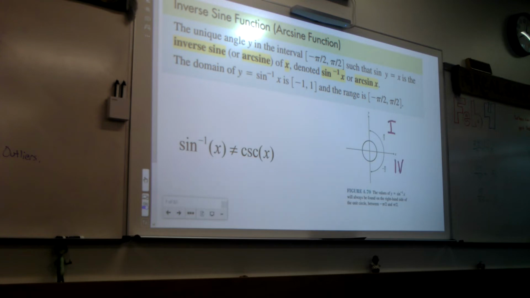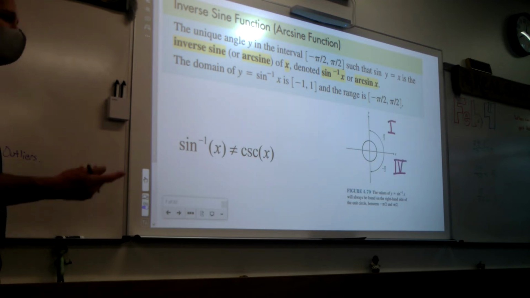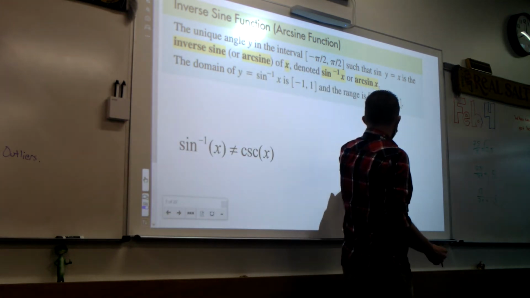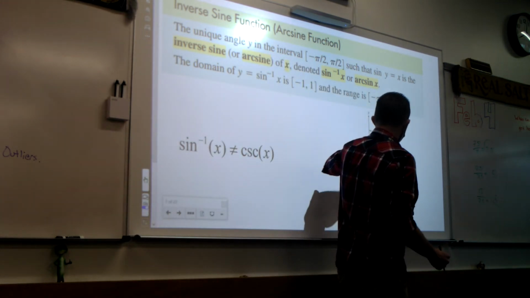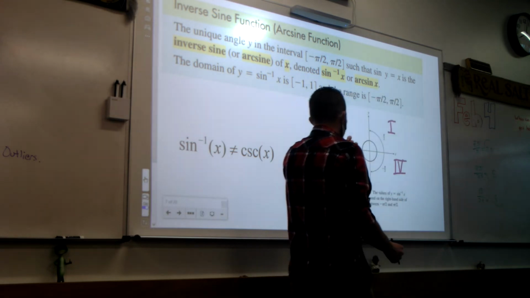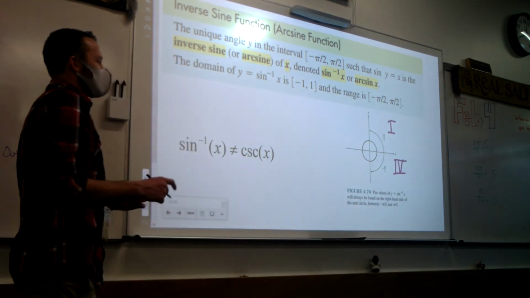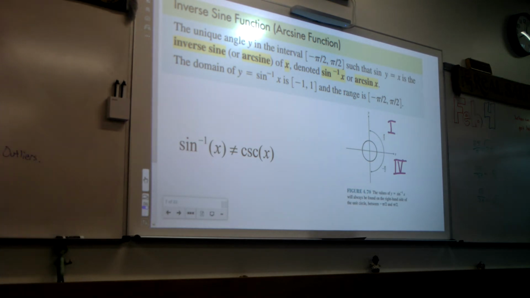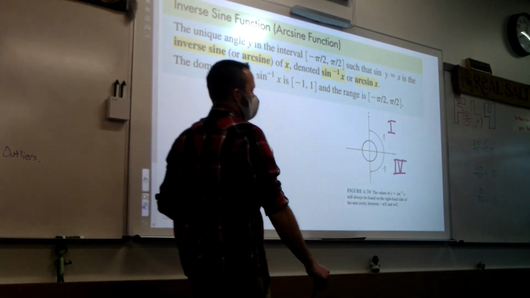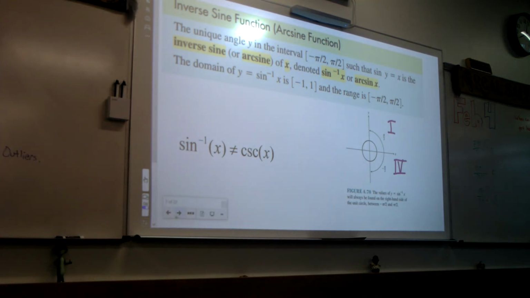Now, where you have to be careful is when I look at my unit circle, I see angles in quadrants 1 and 4, but it's showing me from 270 to 360, and we actually want it from 0 to negative pi half. So we're going to have to do some calculations for our coterminal angles here, but it's not going to be too bad. Big thing to just remember is inverse sine is only defined on the first and fourth quadrant. Okay, you got that part?